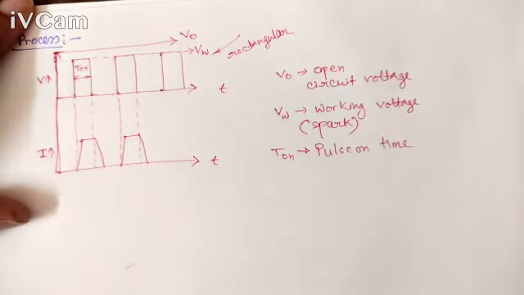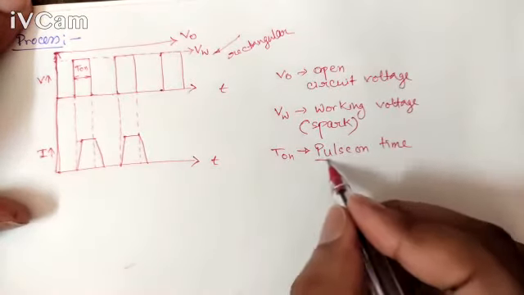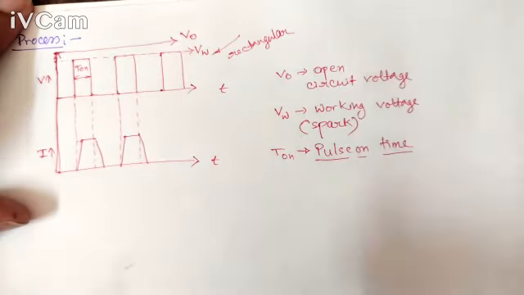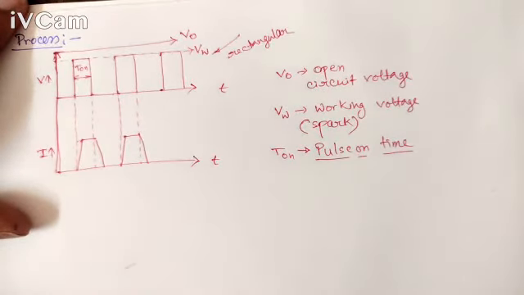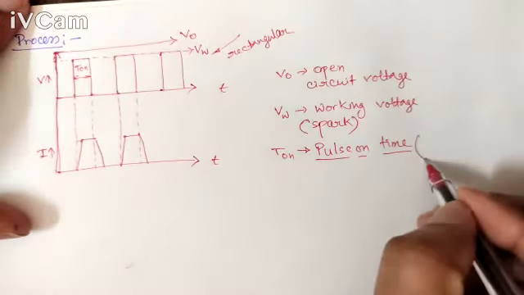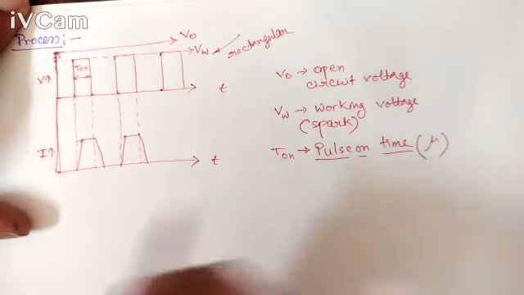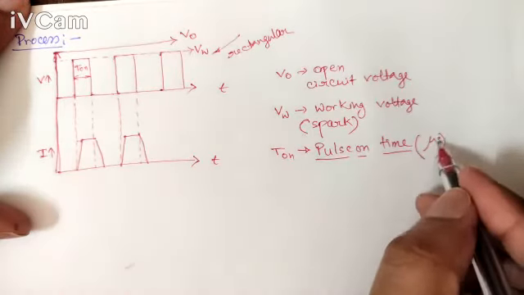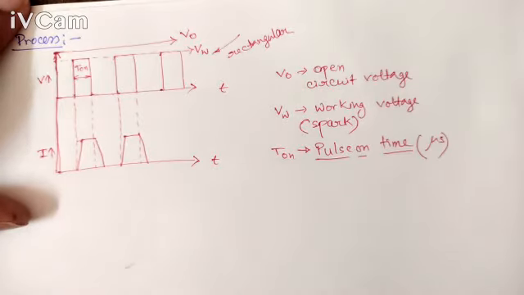Pulse on time is the time for which the voltage is applied to the circuit, and its unit is microsecond, not micron, microsecond. Maximum it can be millisecond, but where we use it, we use microseconds. That is pulse on time.